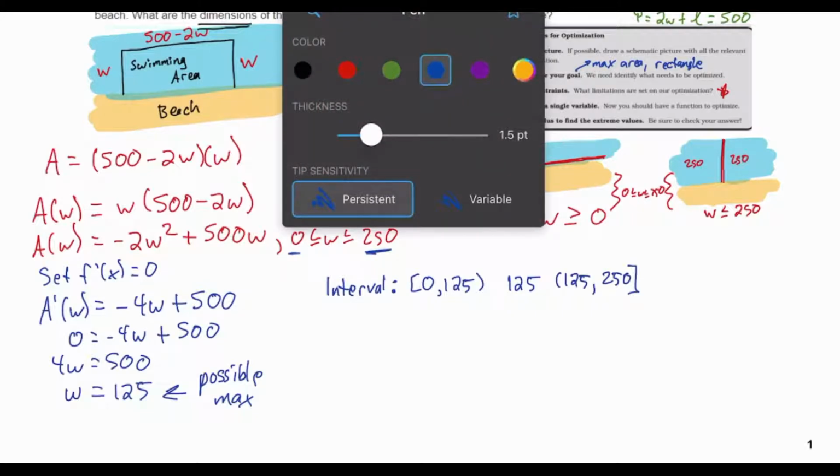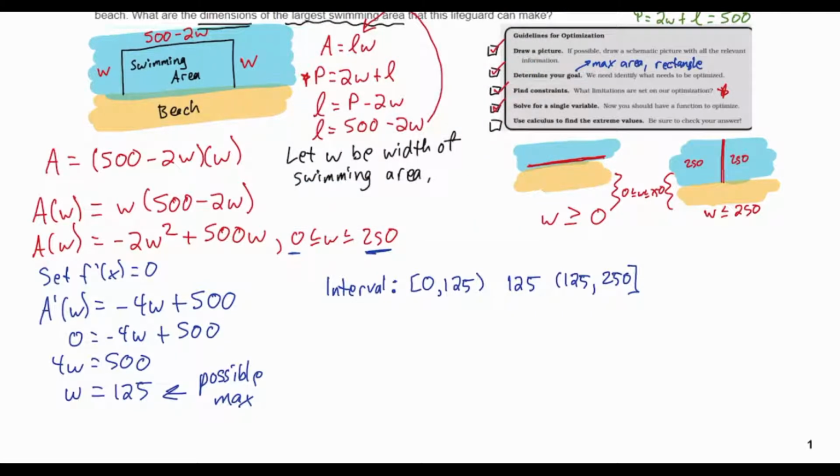Just a quick reminder, where are these numbers coming from? These are our endpoints, and my possible max value here is my other point.